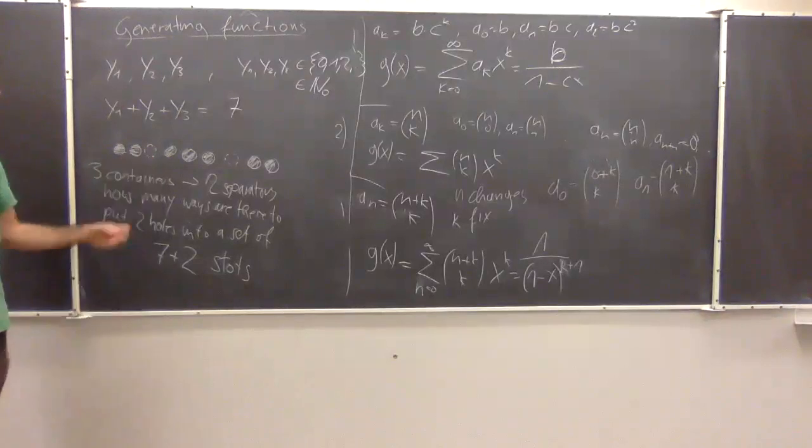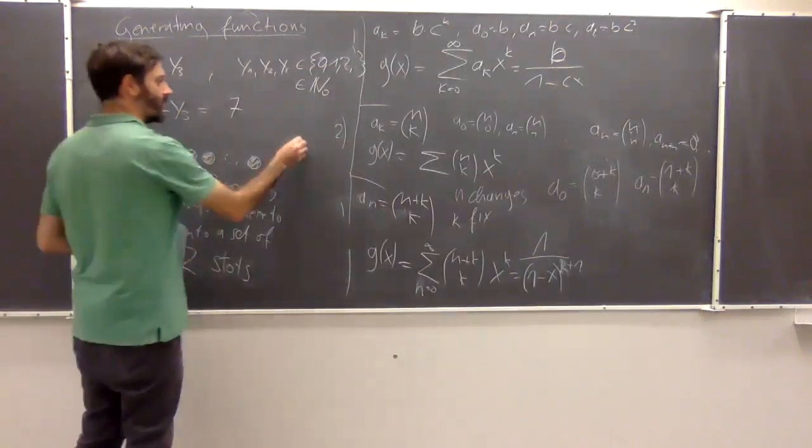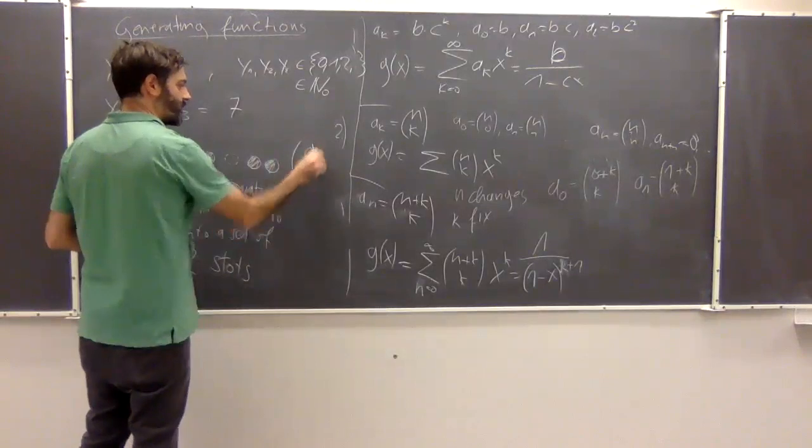And how many ways are there to mark two boards out of 7 plus 2, that is 9? That's 9 over 2.